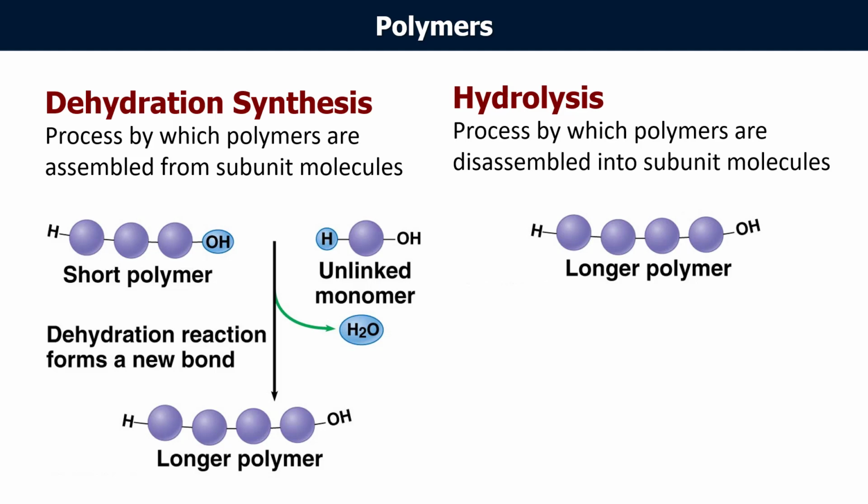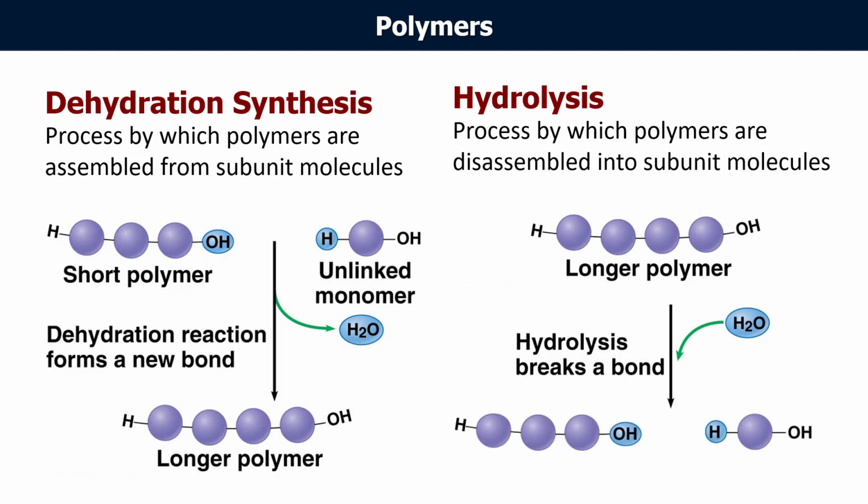A long polymer may have a couple hundred subunits in it. But anyway, we've got a polymer, and we now want to disassemble it by hydrolysis. So what we're going to do is use a water molecule as scissors. So water is going to come in and reinsert itself between the last subunit and the rest of the polymer, and that's what's going to knock that subunit off.